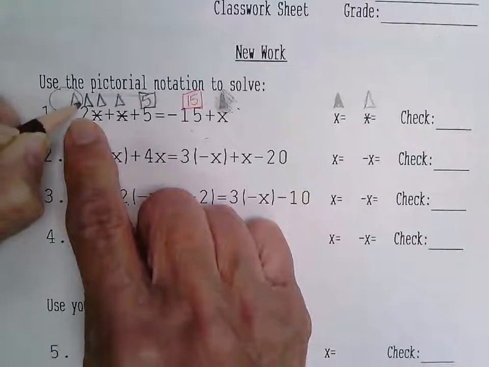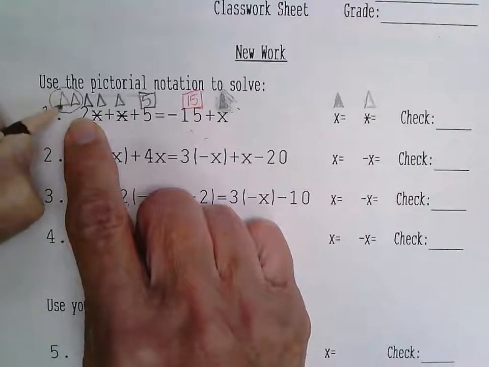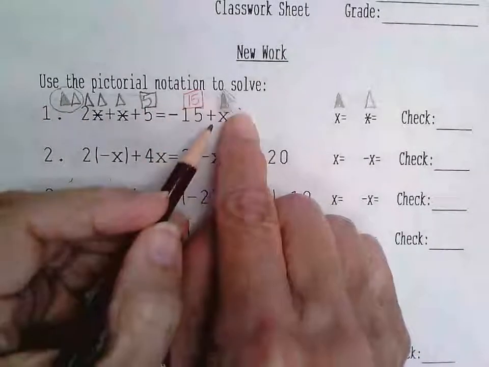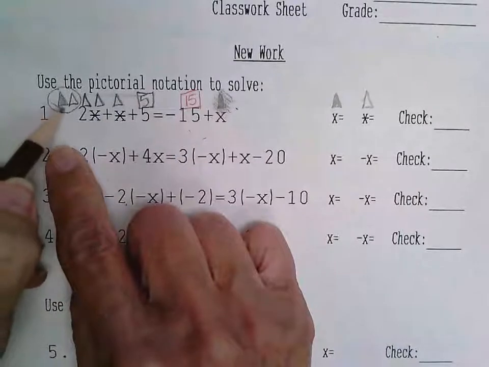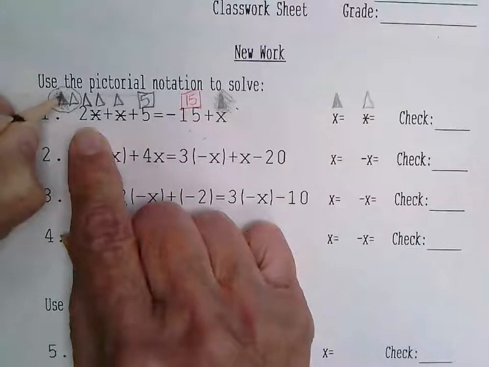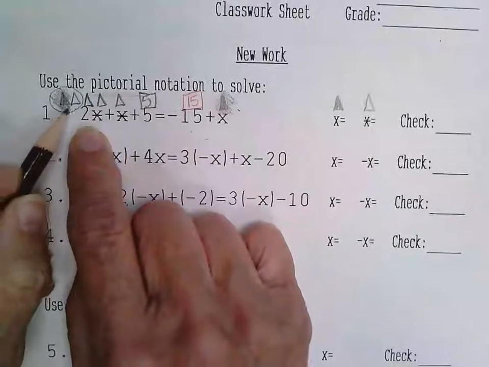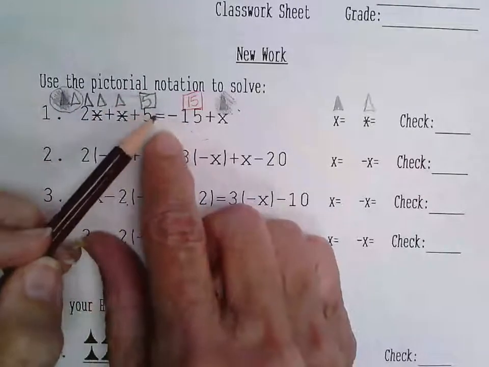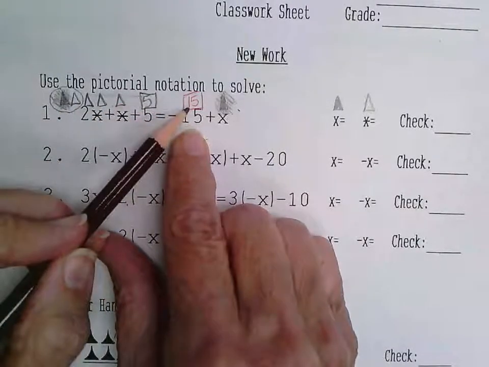So I have to add a white and a blue pawn on the left hand side. So now I can cross out or pull down that pawn, and now I have 4 white pawns and a 5 block, and on the other side I have a negative 15.